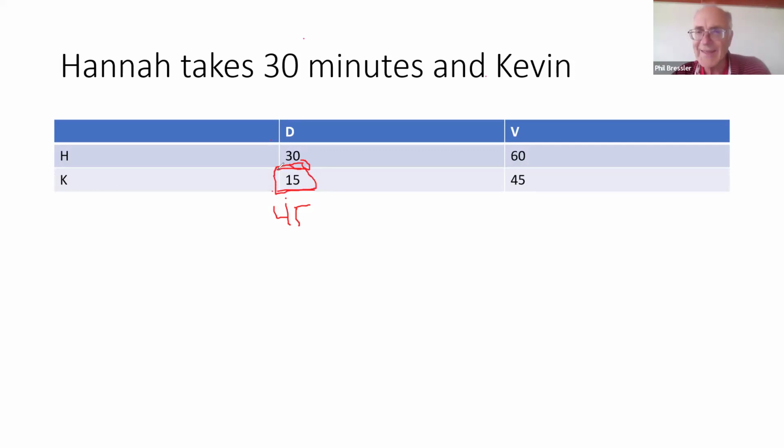Now, for practice, I'm going to do the other one. For vacuums, the other is dishes under, because it's an input. 60 under 30 is 2. For Kevin, the other is dishes. 45 over 15 is 3.